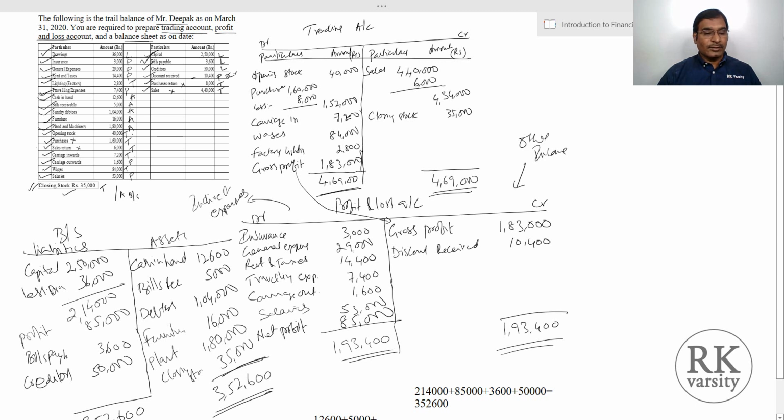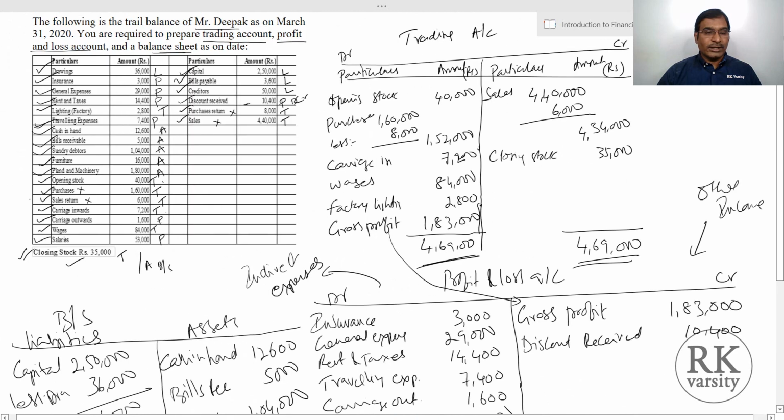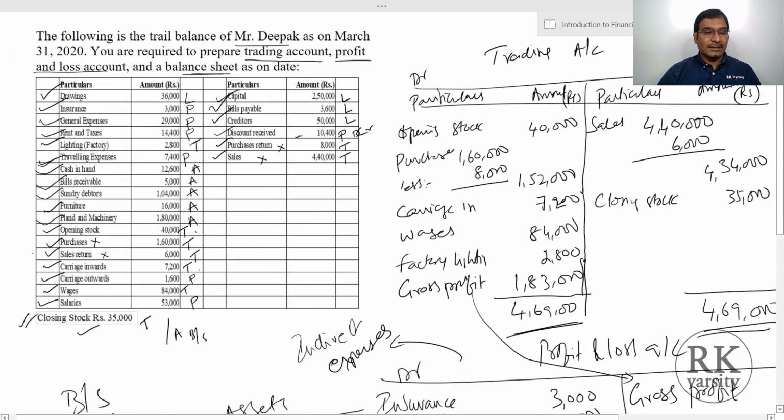But this is not going to happen in real time or in your examinations. The idea here is that you have to pay attention to each and every item and do it in a systematic way. First identify each transaction, in which account it appears, whether it appears in a balance sheet, profit and loss account, or trading account, and then whether it is on the debit side or credit side.